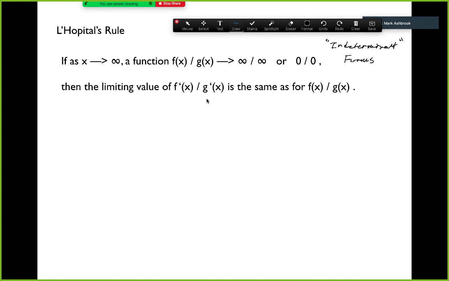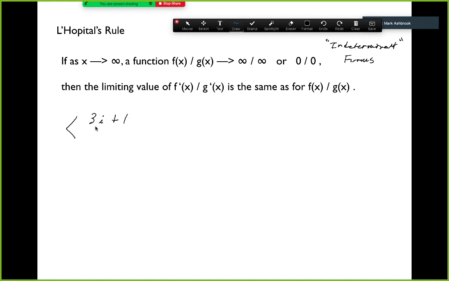Whatever that does will be the same as what our original function does. This is not the quotient rule, which is more complicated than that. L'Hopital's rule lets you just take the derivative of the top and the derivative of the bottom, set up a new problem, and the resulting limit will be the same as the limit of the one we started with.